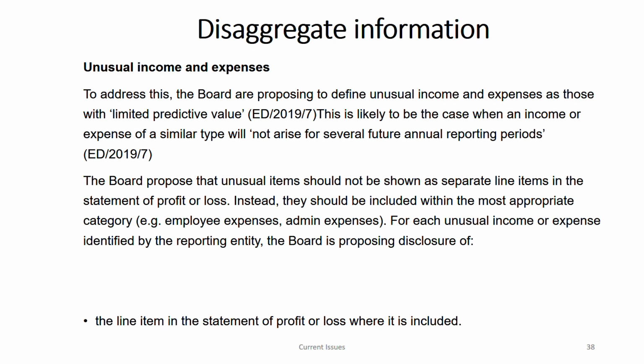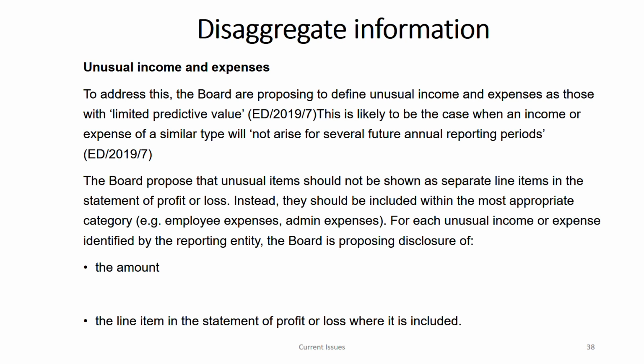So when you are reporting this, the board is proposing disclosure. What do you need to disclose for unusual income or expenses? First of all, you need to identify that this is unusual. Only then comes reporting or disclosing. Once it is identified, you disclose certain things.